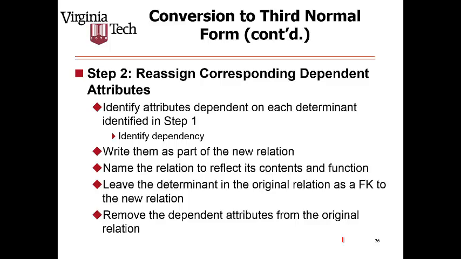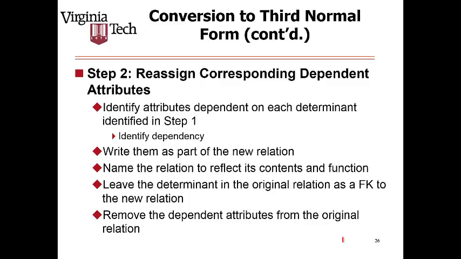So once we have identified the potential other determinants in our model, we assign the other attributes that they determine to those new relations, and so we have the determinant attribute as the key, and the dependent attribute as an attribute in that new relation that is determined by that key.